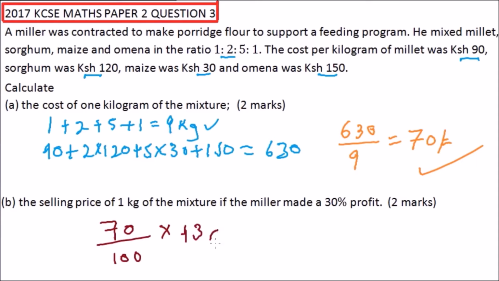This is 130%. So this is equal to, if you divide 70 by 10, 7 times 13 will give you 91 shillings. So that is the amount he sells at to make a profit of 30% out of the mixture. So that's how you go about it.